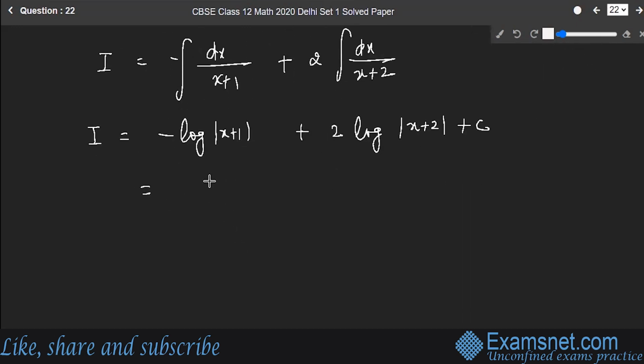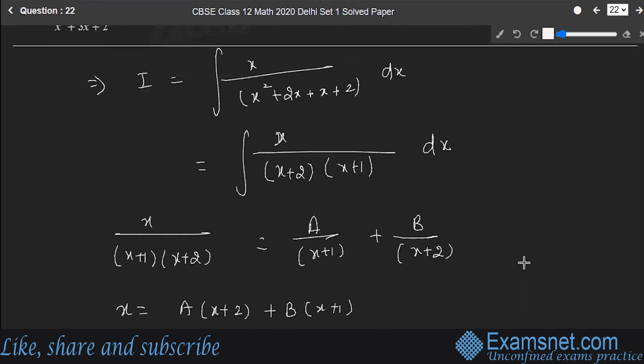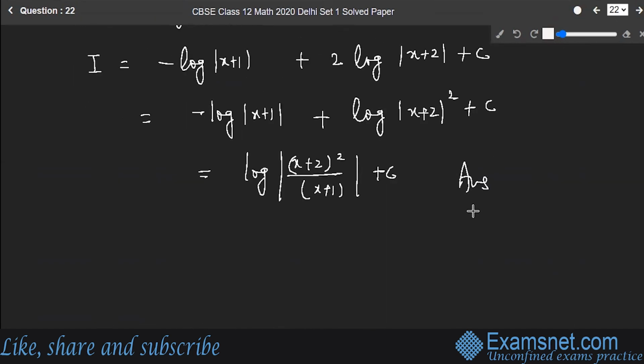Or this will be equal to minus log of x plus 1 plus log of (x plus 2) square plus c. Or this will be equal to log of (x plus 2) square upon (x plus 1) plus c. This is the answer to the question, right? Hope you understood that. Let's move to the next question now.